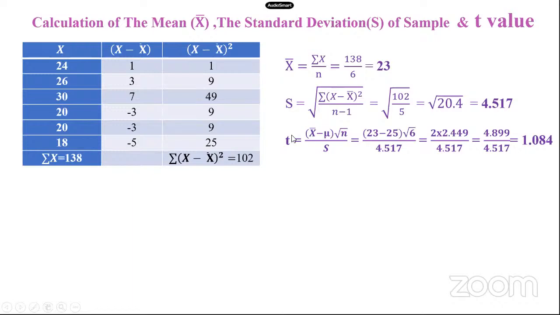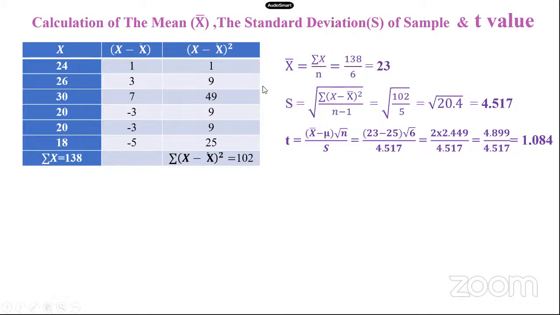Now calculate t value is equal to mean of sample minus mean of population into under root sample size divided by the standard deviation of the sample just calculated now. Now substitute the values. The mean of the sample is this one 23 minus mean of the population. In your problem given, the company claims the mean life of the bulb is 25 months.